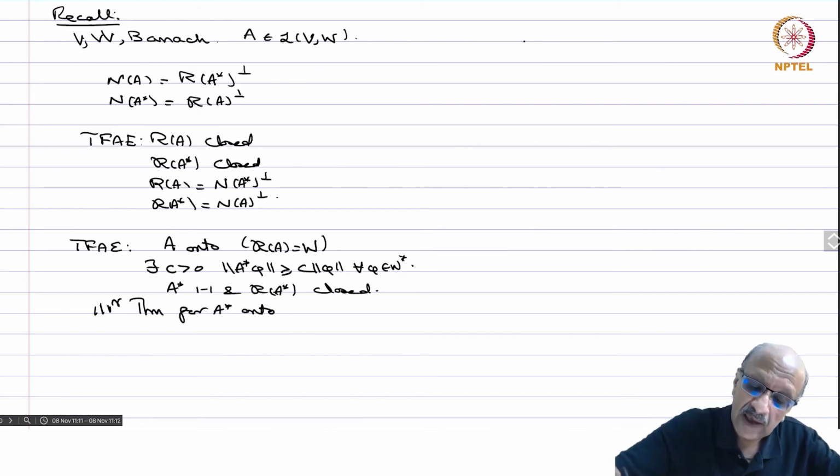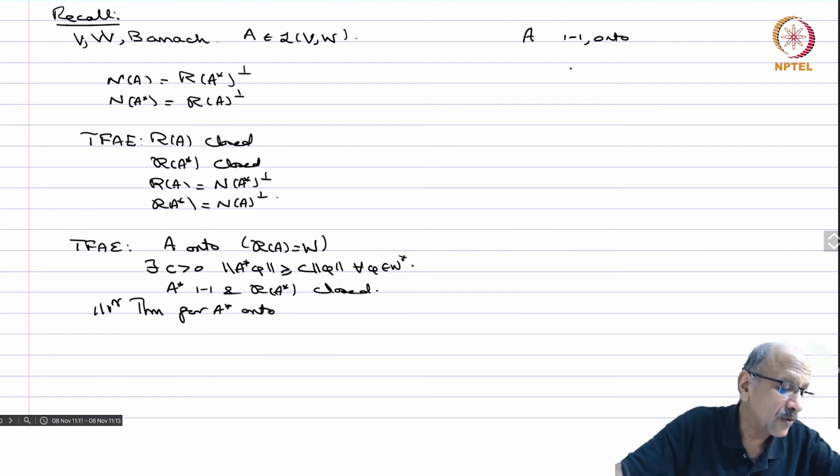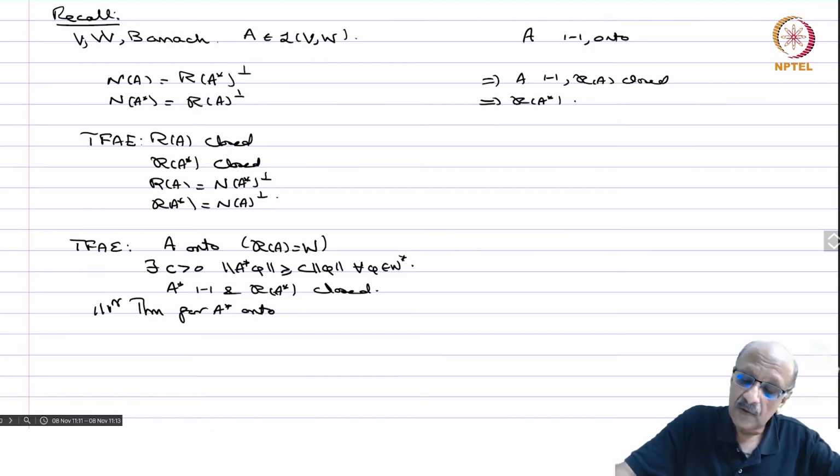So now let us say A is 1-1 onto, and of course it's continuous, and therefore A is an isomorphism. Okay, so then what do you say? A is 1-1 and range of A is closed. This implies that range of A star is closed.